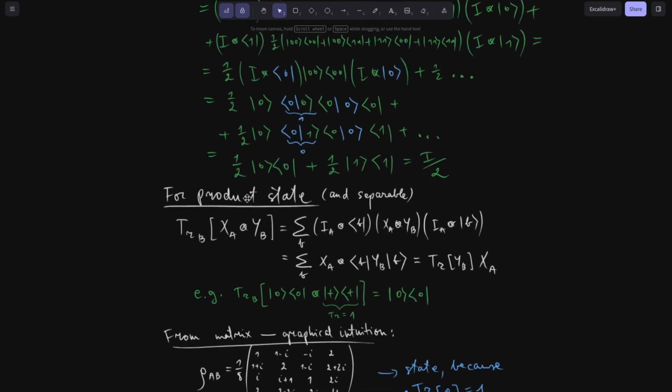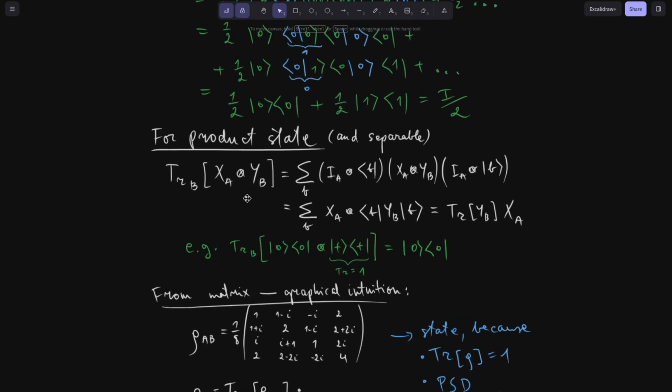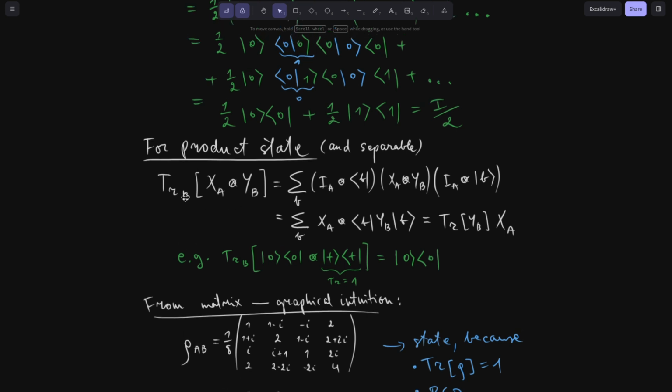Now for the product state, and separable in general, as you've seen, we can just basically use the trace on one matrix. But it's just a general definition, because if we are talking about quantum states, the trace will always be 1, as we've seen by definition, right?